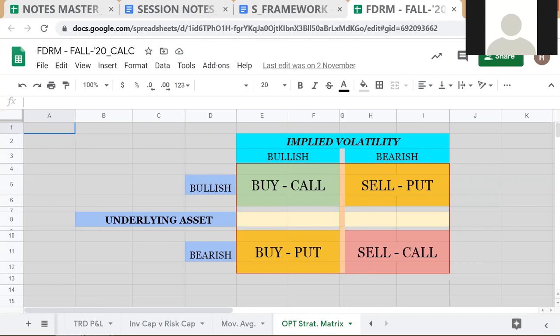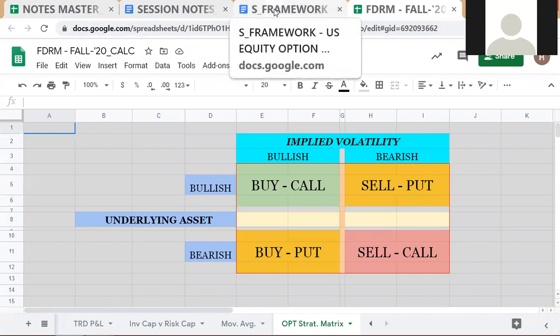But okay, I'll make sure I find the notes and put them back in the folder. I've just taken it out of the folder right now because I may ask some questions and I don't want students to refer to the notes.